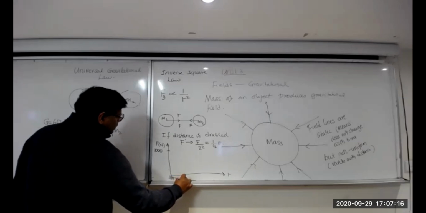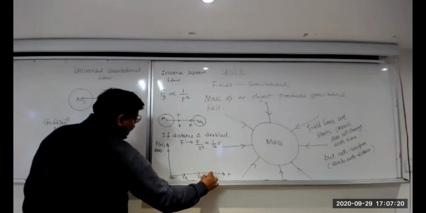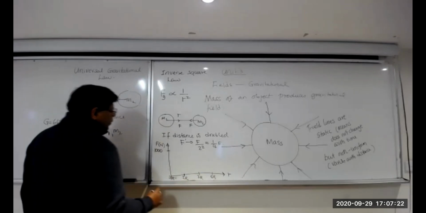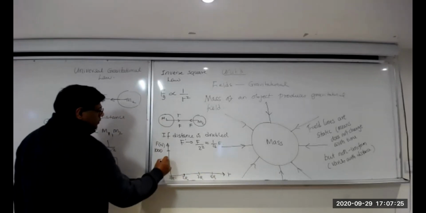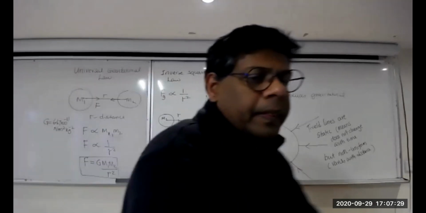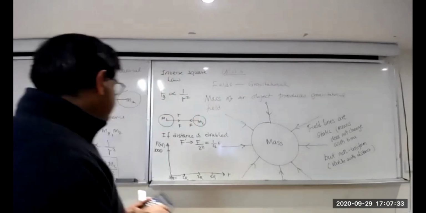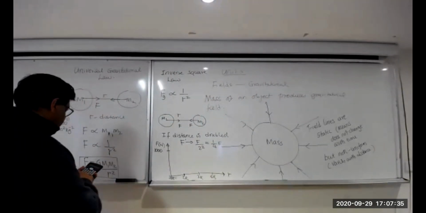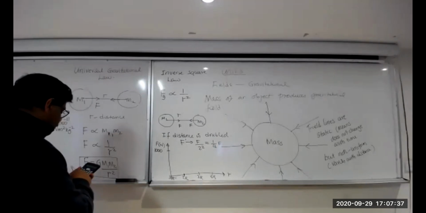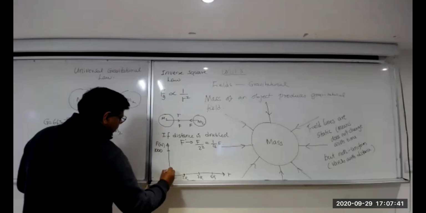Then at 2r, 3r, 4r, and so on, you can see if we double the distance, the force decreases by a factor of 4. So it becomes 1000 divided by 4, you get 250.